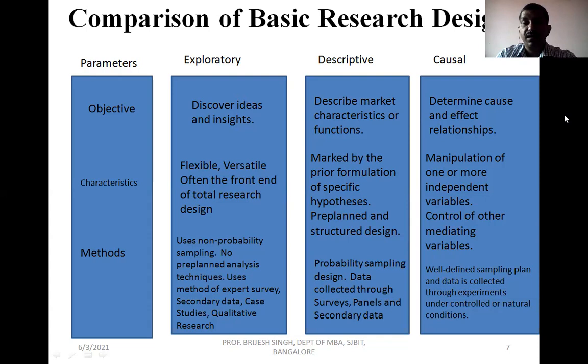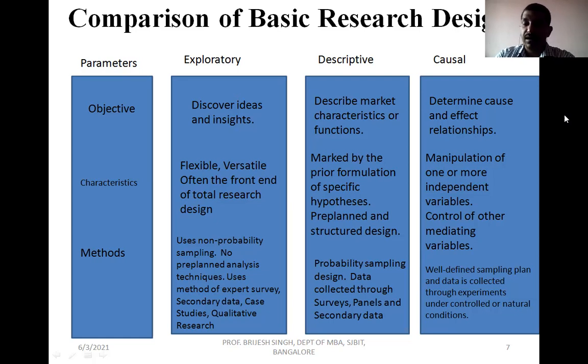In descriptive, we need to understand that a probability sampling design will be used. So here it is more systematic in nature, and the data you are going to collect will be through panels, it will be through surveys, and it is purely based on the secondary data. Next is causal research.